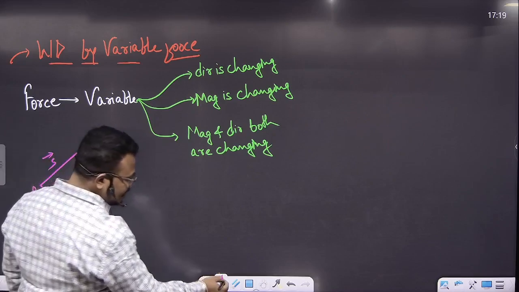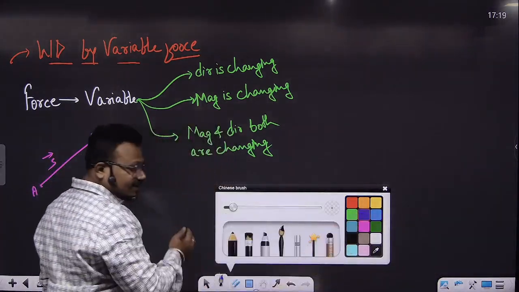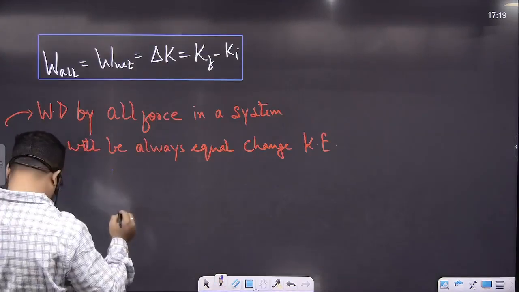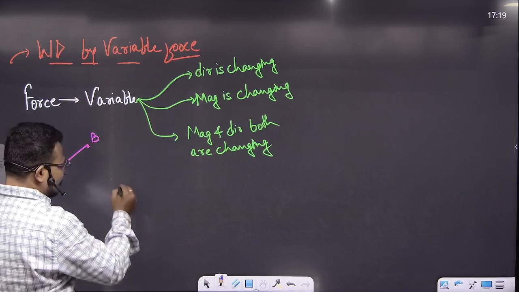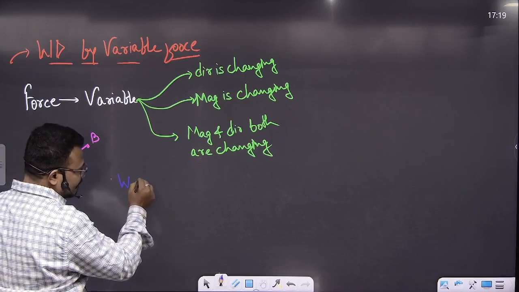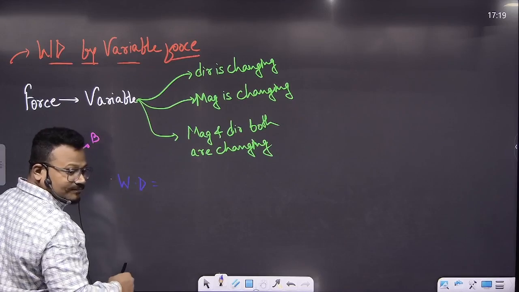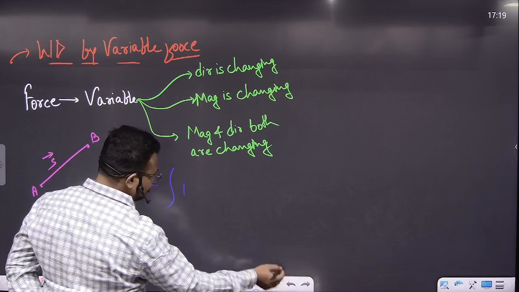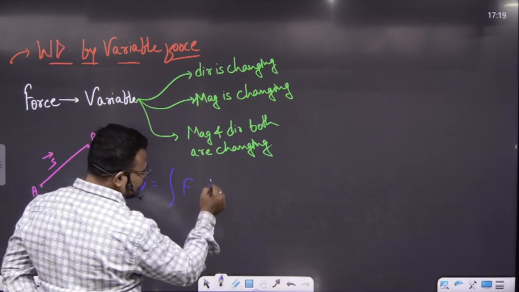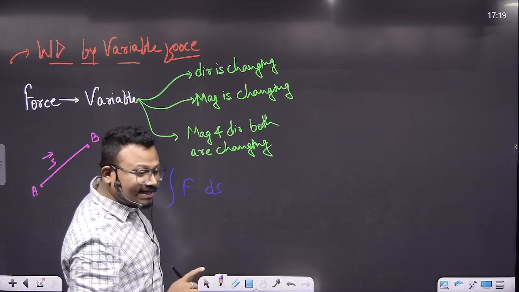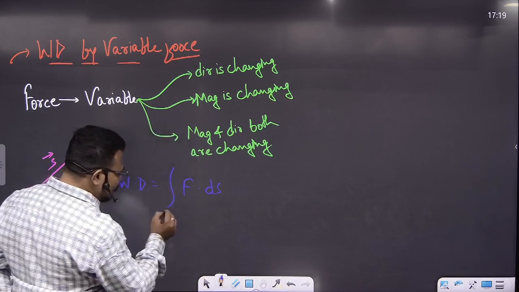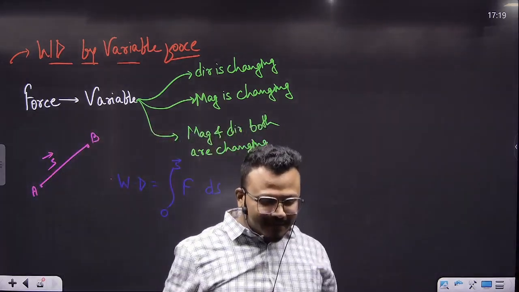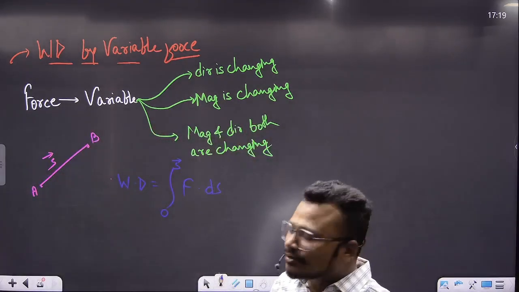So the work done can be written like this: work done will be equal to the integration of F dot ds, ranging from 0 to s.